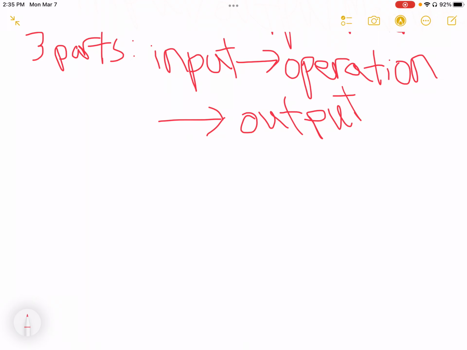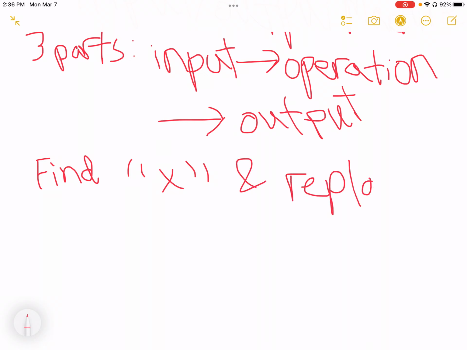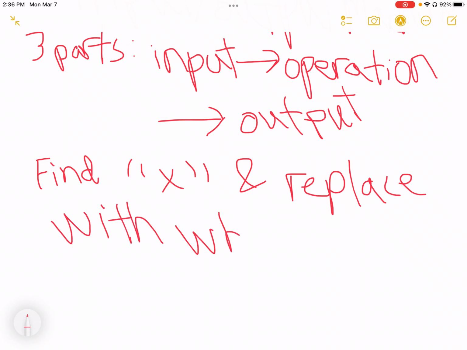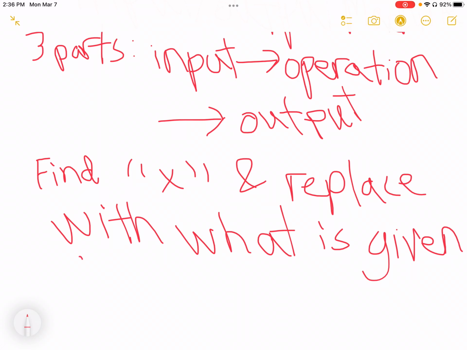So the only step, I'm just going to say, find x, okay, and replace with what is given for the value.